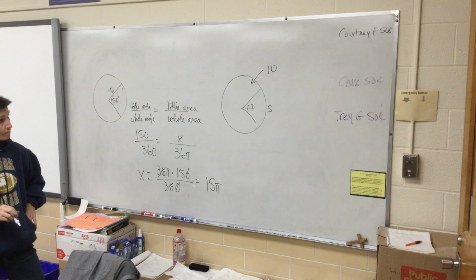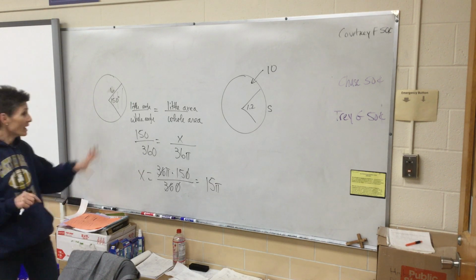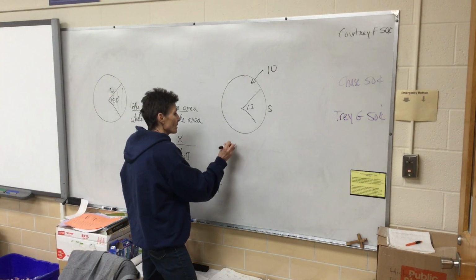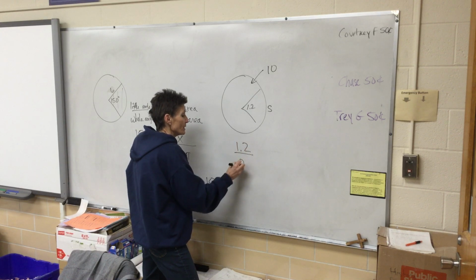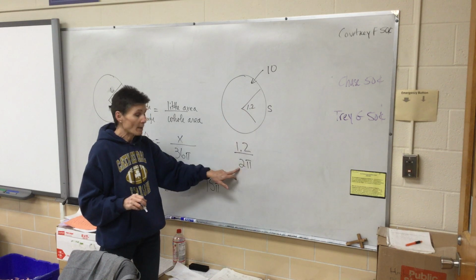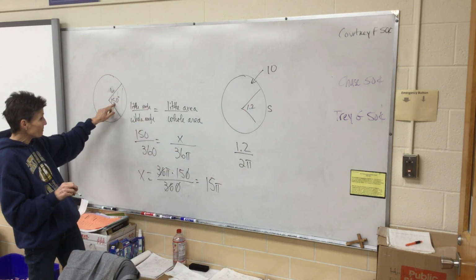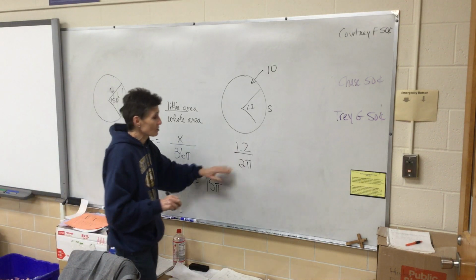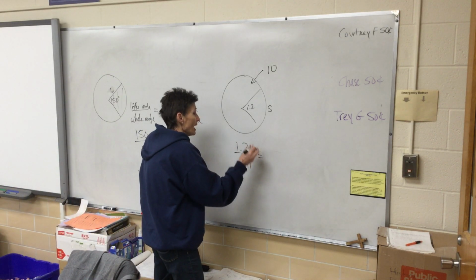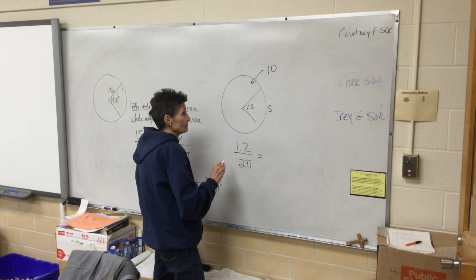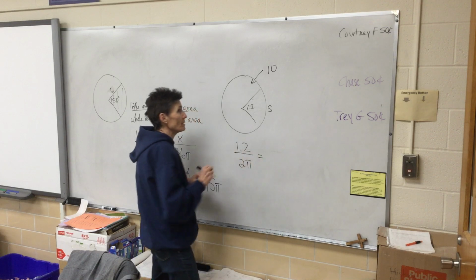There are a couple of strategies we can use, but to reinforce this idea, we could say 1.2 is to 2 pi. Again, that's a radian measure, so I'm putting it over 2 pi. The earlier one was a degree measure, so I put it over 360. So the little angle is to the whole angle as the little area is to the whole.